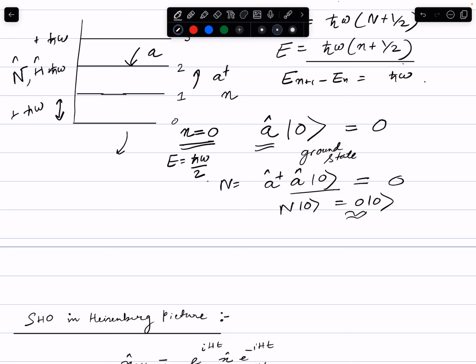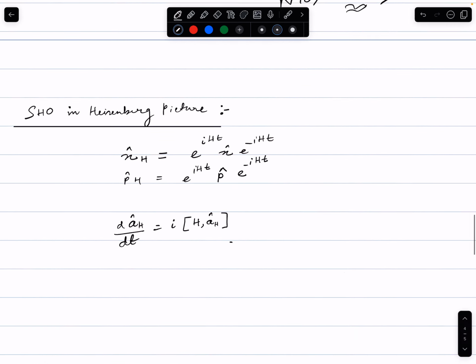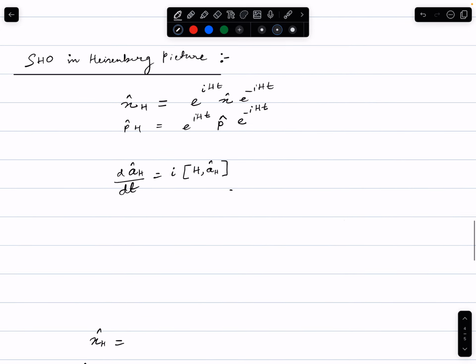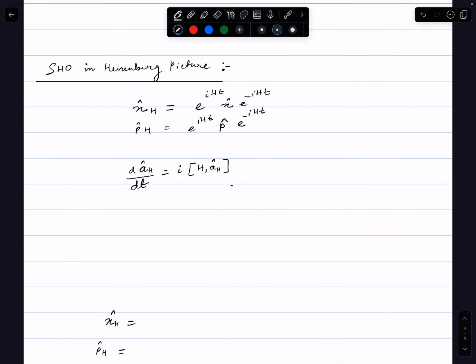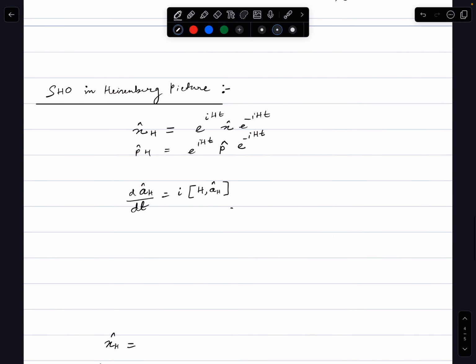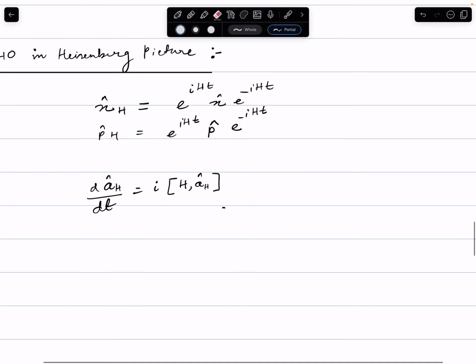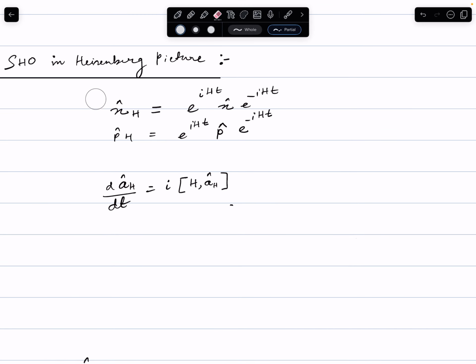Okay. So now the last thing we'll do today quickly is to look at the simple harmonic oscillator in the Heisenberg picture, how it looks. So again, as I told you, we define the Heisenberg picture, where the operators are no longer stationary operators, they also change with time.